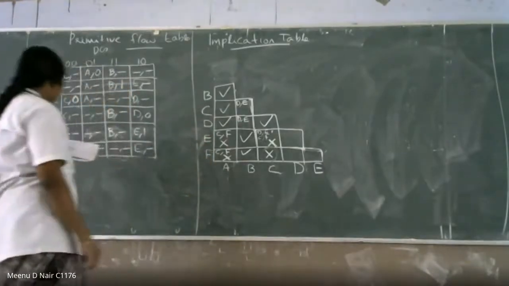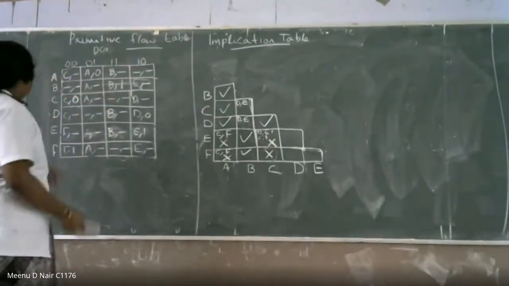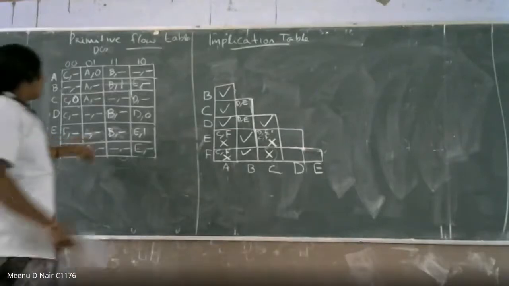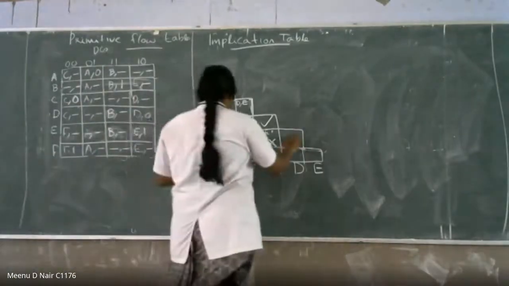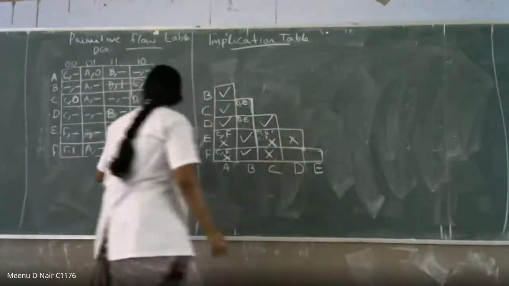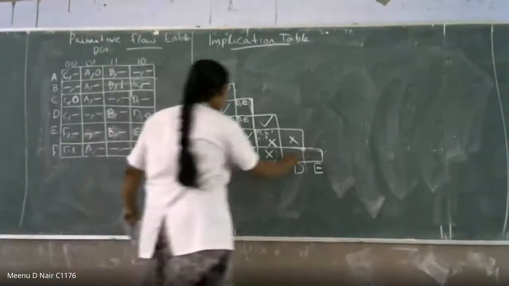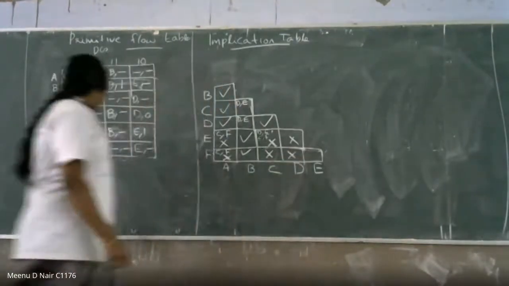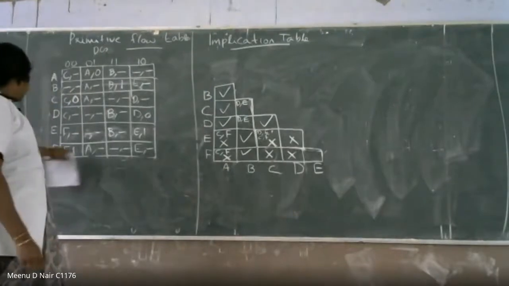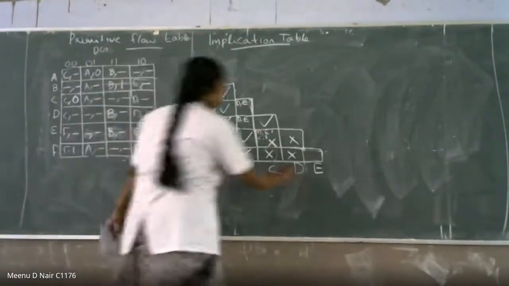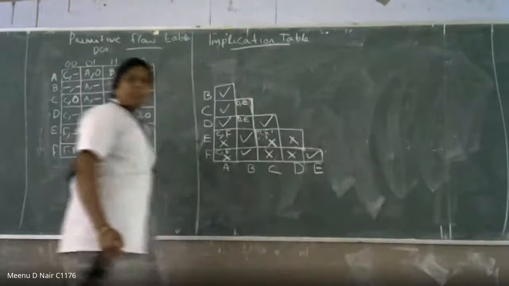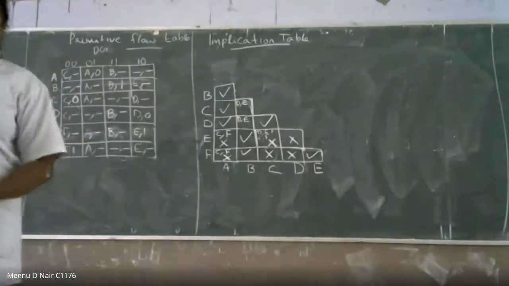So what about D comma E? D comma E is not comparable. Then D comma F is also not comparable. Then what about E comma F? E comma F is comparable. Okay, you have to work it out, then only you can write it down.